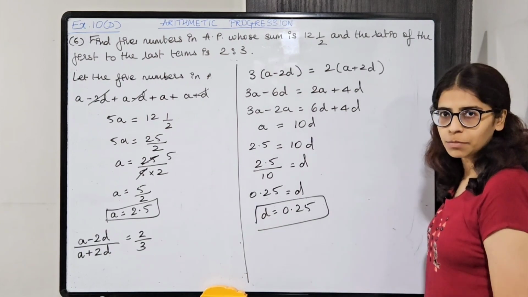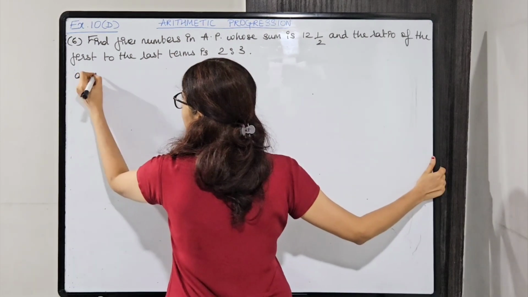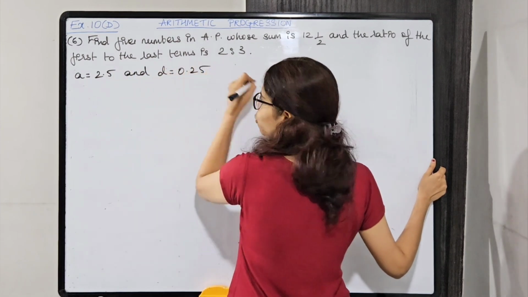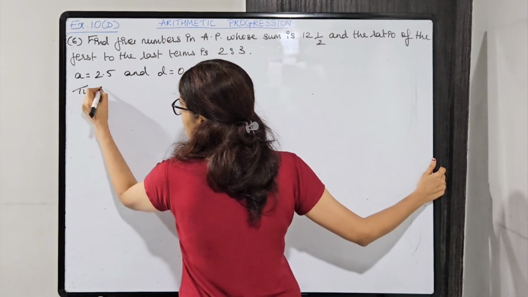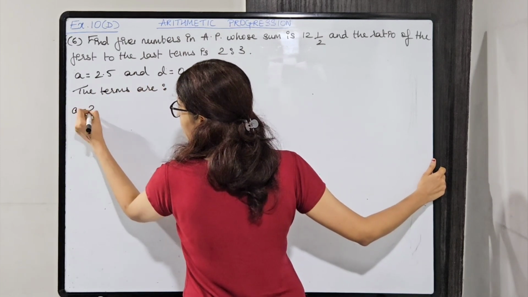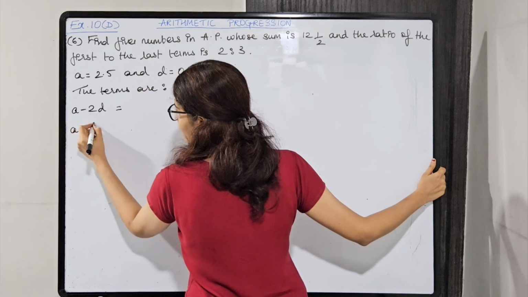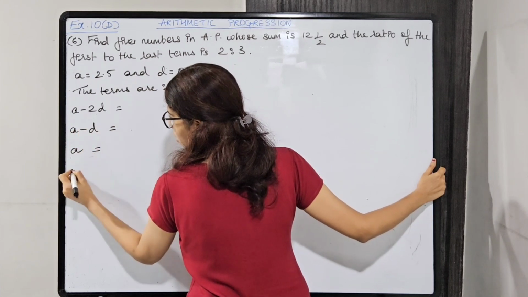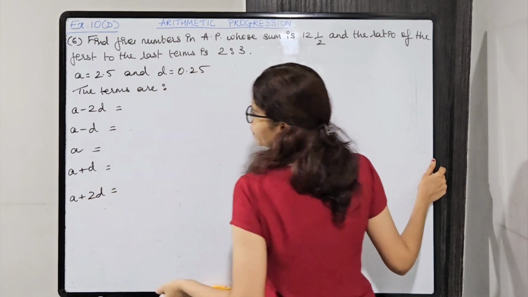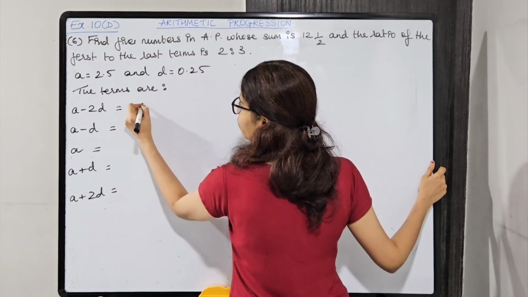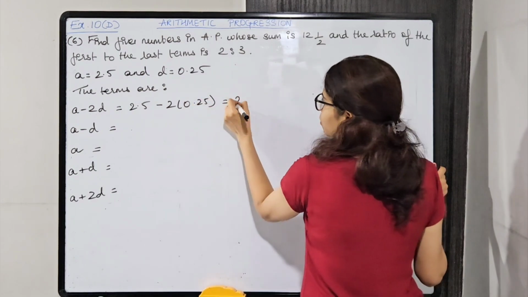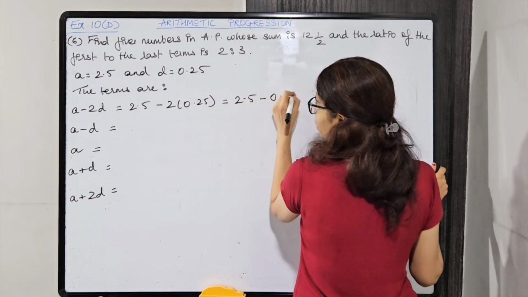Let us find out the numbers. Okay, so we got A as 2.5 and D as 0.25. So what will the terms be, let's calculate. The terms are A minus 2D, A minus D, A, A plus D and A plus 2D. So first term will be 2.5 minus 2 into 0.25. So that will be 2.5 minus 0.5.